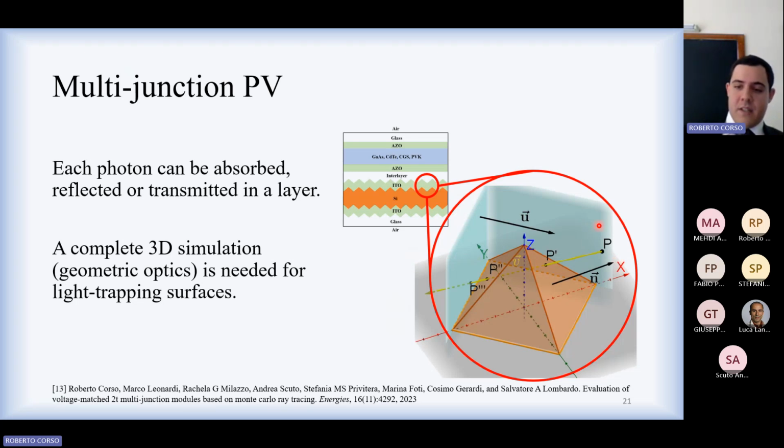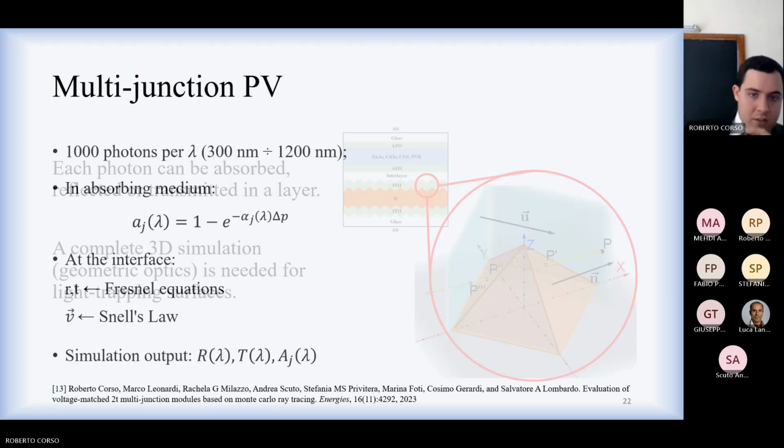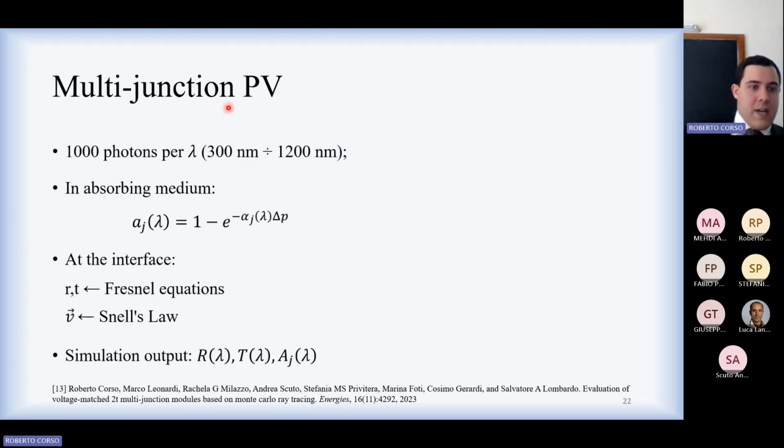So once all the interactions with these surfaces are calculated, of course, the closest will be the real one, and the following steps will be based on what happens at this interface. The simulation runs 1000 photons per wavelength in this range. And as I said before, in an absorbing medium, we have an absorption probability basically given by the remaining part of the Lambert-Beer transmission law.